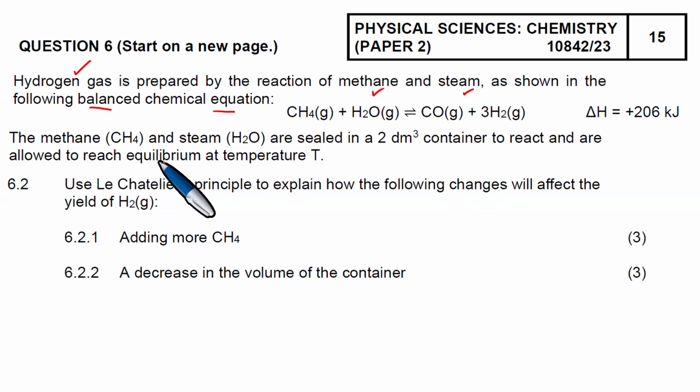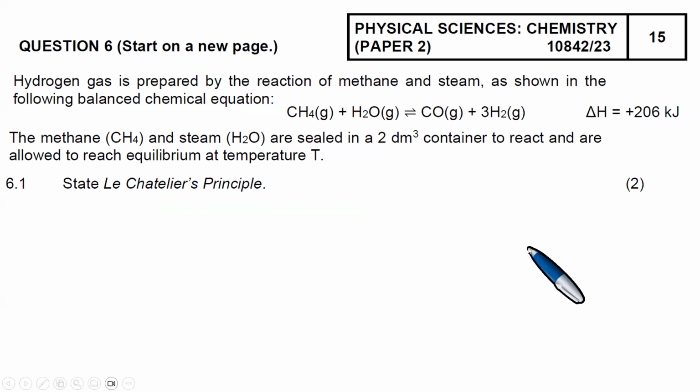Methane CH4 and steam H2O are sealed in a 2 cubic decimeter container to react, and they are allowed to reach equilibrium at temperature T.